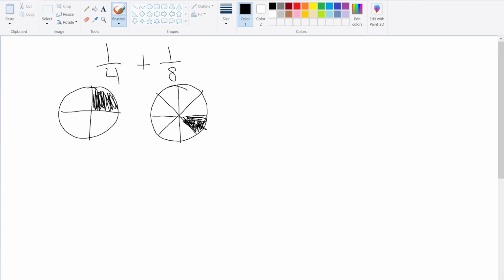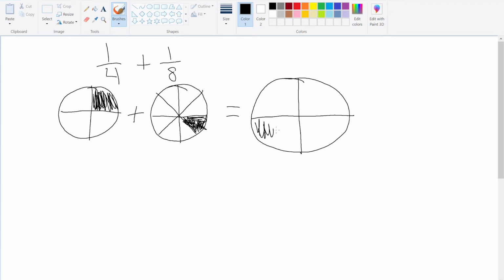So if you combine that 1/4 and this 1/8, adding them together, then I'm literally just going to put the 2 chunks together. So we've got this 1/4 is still cut, and I know I added one more little wedge.